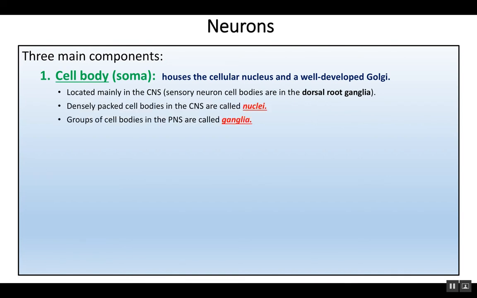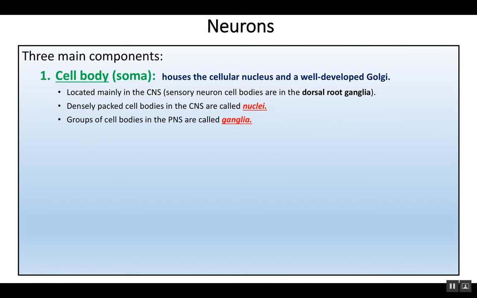We'll be talking more about this dorsal root ganglia, especially when we get to the spinal cord. Couple terms to be familiar with. Quite often you'll find neurons tend to be packed together, and quite often wherever the cell bodies are packed together, that area is typically gray matter, and we'll talk more about what gray matter means.